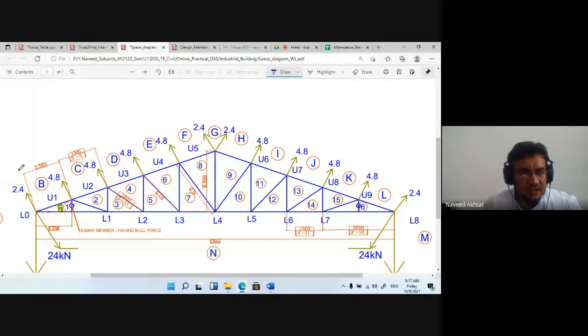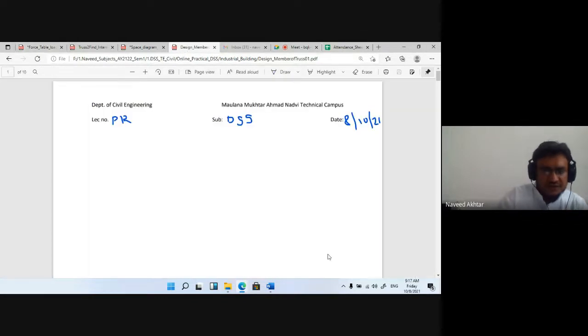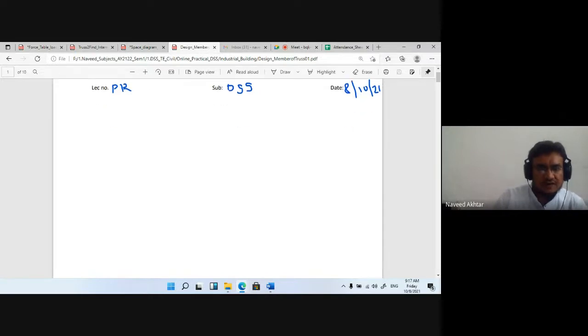From this we have taken the length of members of the truss for design purposes. This force table is very necessary for the design of the members of the trusses. So I will take the first case, design of principal rafter.